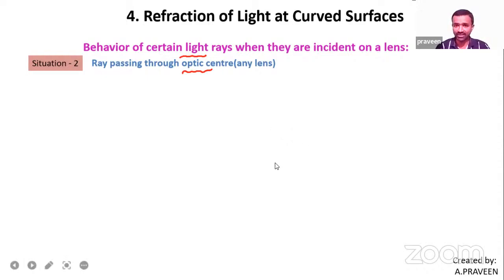So in this case, what happens? Here, the same process will follow: identifying the pole of the lens, then naming it as P. Next, identify their centers of curvature respectively as C2 and C1.